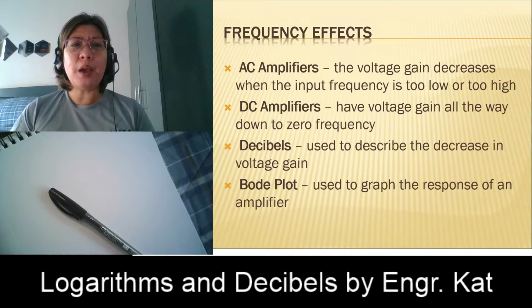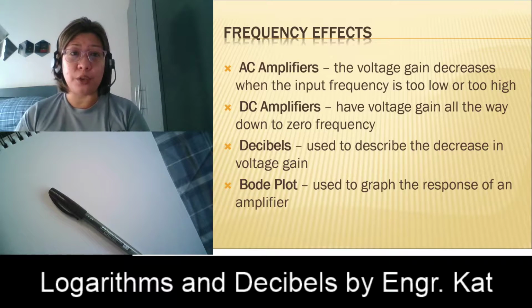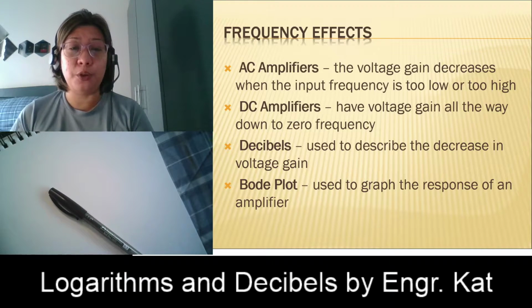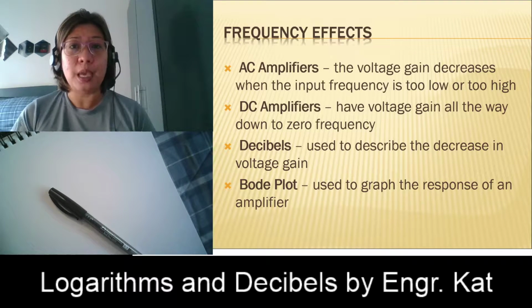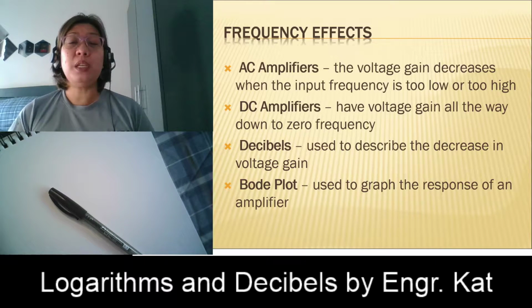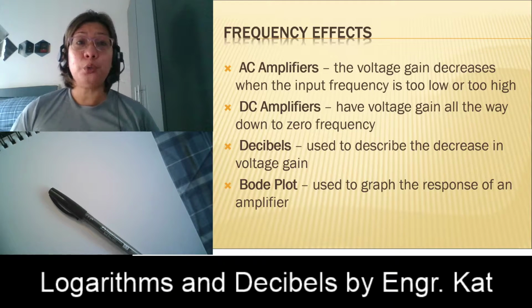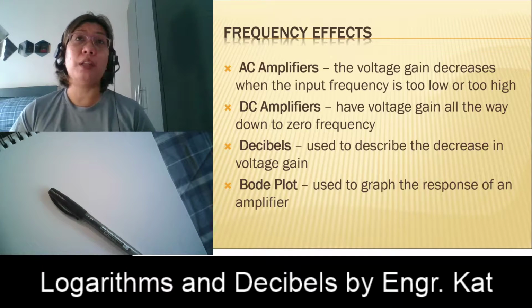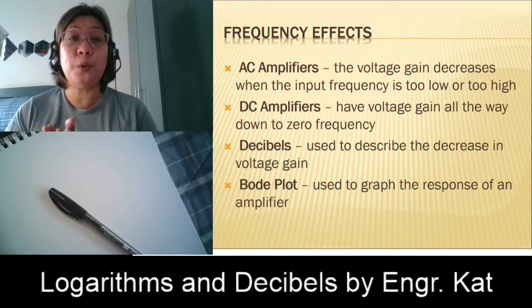We have basically two types of amplifiers: the AC amplifiers and the DC amplifiers. This AC and DC has something to do with the frequency. With AC amplifiers, the voltage gain decreases when your input frequency is either too low or too high. So these AC amplifiers will only function at a certain given frequency range.